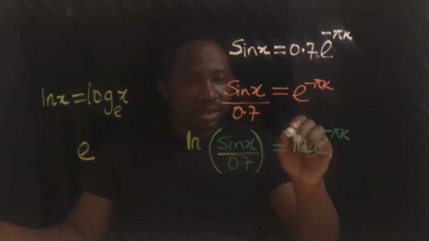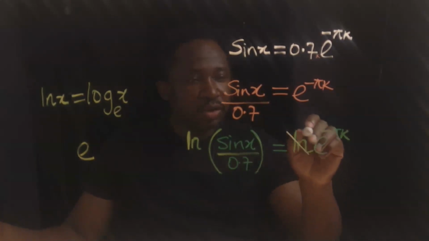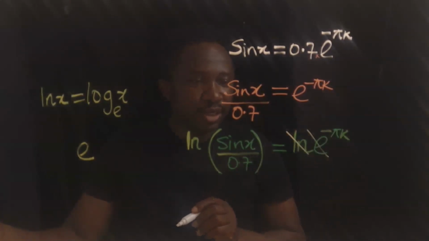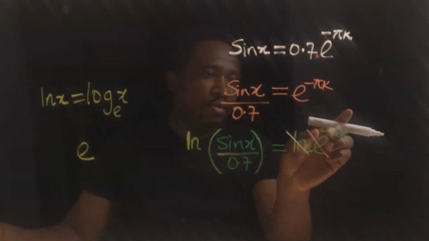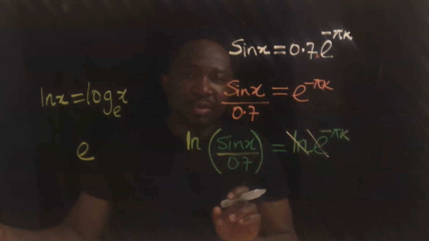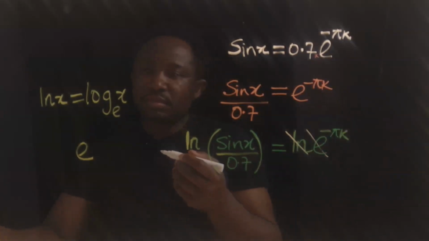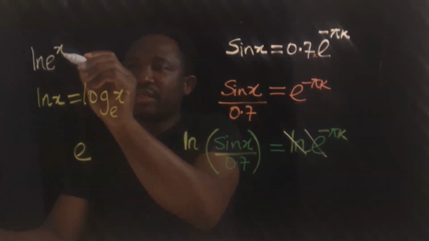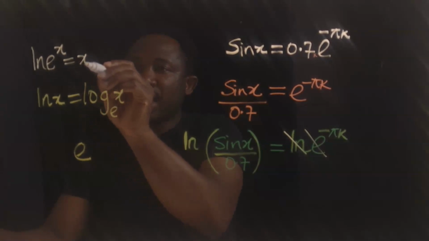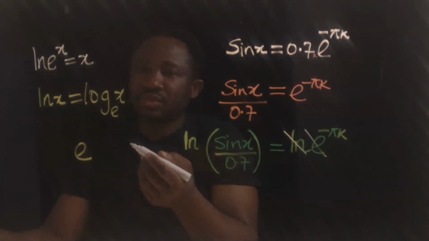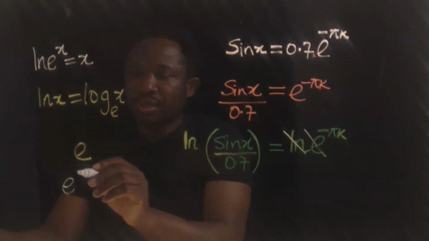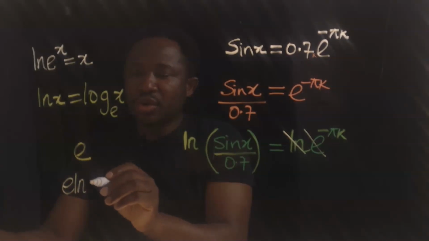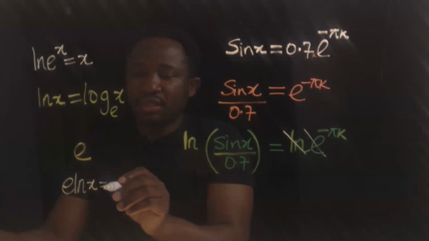Next, this natural log will neutralize exponential, and minus pi k will be free, because in exponential, ln of x is x. Also, the exponential of the natural log of x is also x.